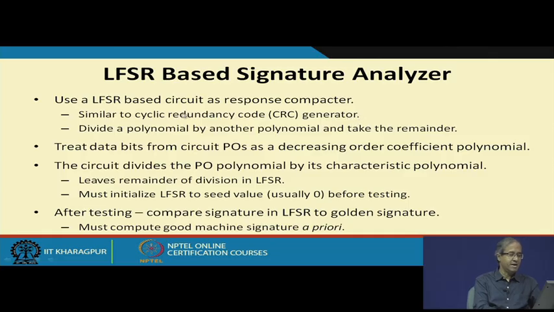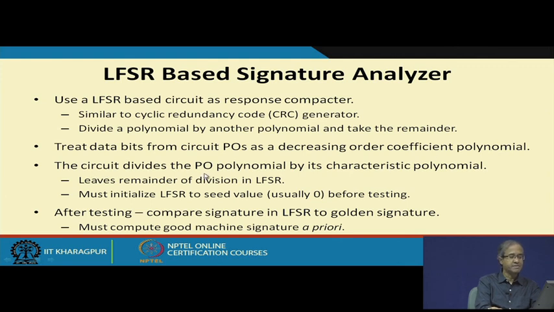So, any binary bit string can be represented as a polynomial. The process is essentially one of dividing a polynomial by another polynomial and taking the remainder. That will be the cyclic redundancy code, and in this case our signature. We treat the data bits that are coming out of the outputs of the circuit as a decreasing order coefficient polynomial, just as I had mentioned, that any bit stream can be regarded as a polynomial. So, I have an input polynomial which is the output bit stream which the circuit generates.